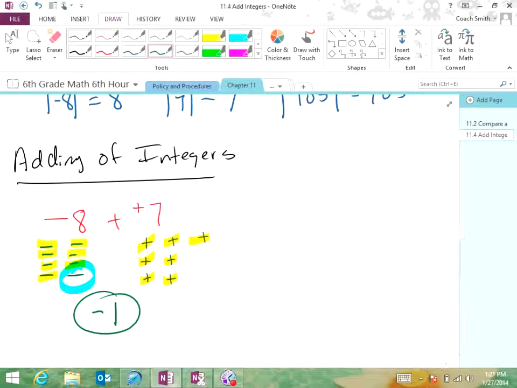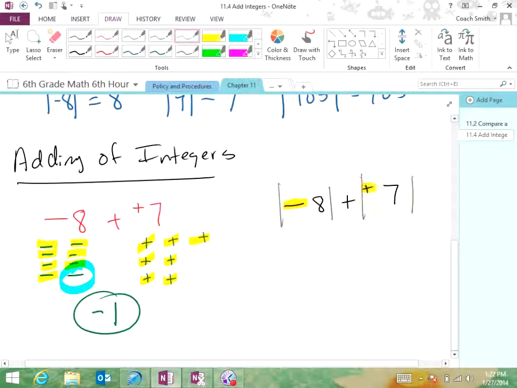Now, here's what you're doing mathematically. Anytime that we have a negative and a positive, we take the absolute value of those two numbers. What is the absolute value of -8? 8.